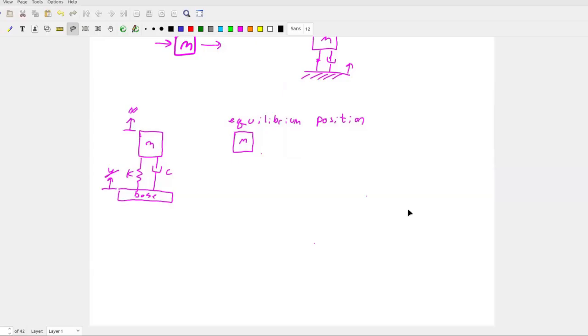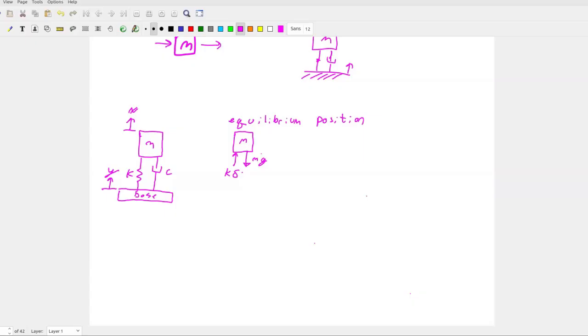If I have a mass, I have a force acting down, which is my mass times gravity, correct? And I also have a force acting up, which is my stiffness times my displacement from the gravitational force, right? So I build the system, I let go of the mass, it's going to compress just a little bit based on the mass of the system. The spring's going to compress, and then I've got a force acting up, and they'll come to an equilibrium, right?